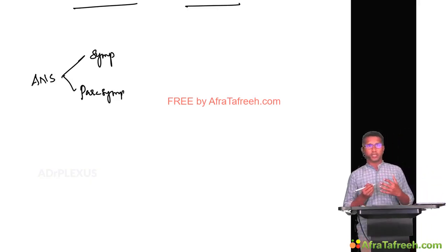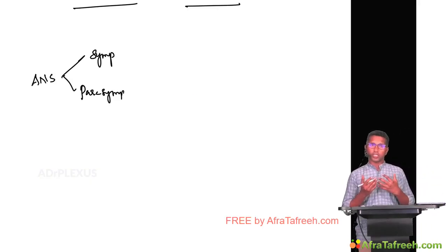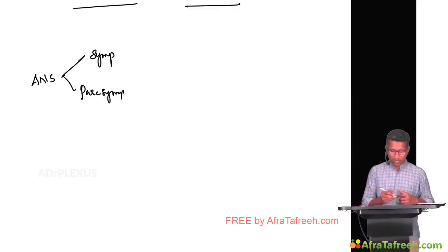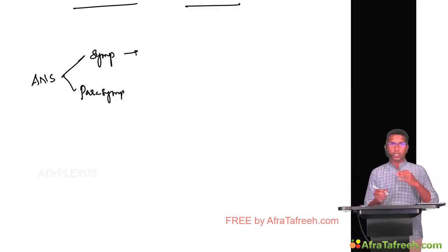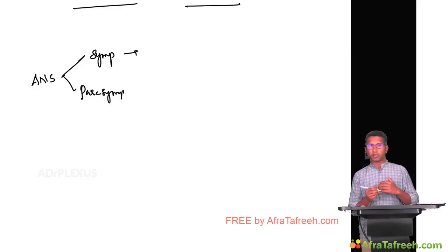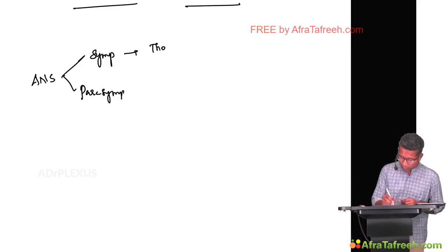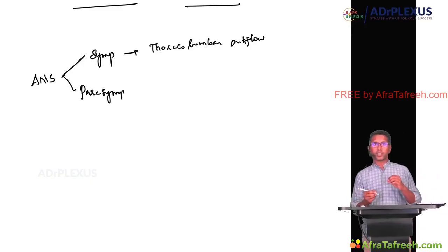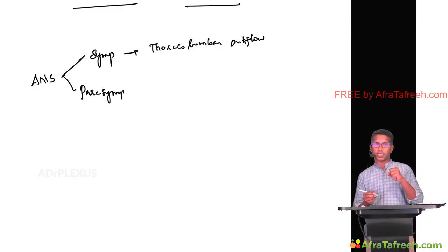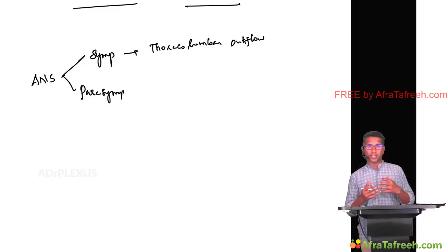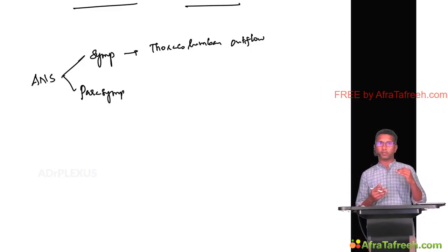The sympathetic origin, or the sympathetic outflow in the body, occurs from the thoracic level of the spinal cord and from the upper lumbar level of the spinal cord. So this sympathetic outflow is called the thoracolumbar outflow. If somebody asks you where the sympathetic activity starts first, it starts from the spinal cord at the thoracic level.